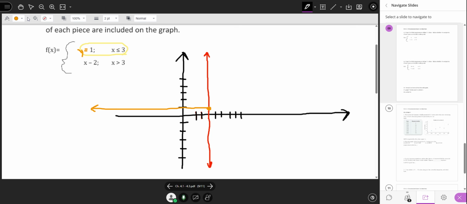Now, starting at 3, this line takes over. So 3 minus 2 is 1. And then I'm going to go to 5. 5 minus 2 is 3.